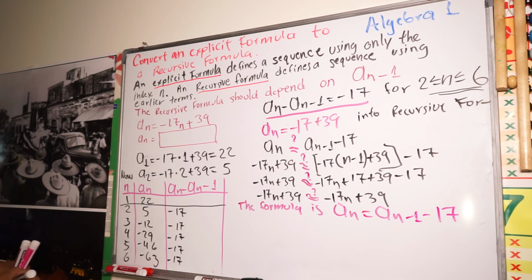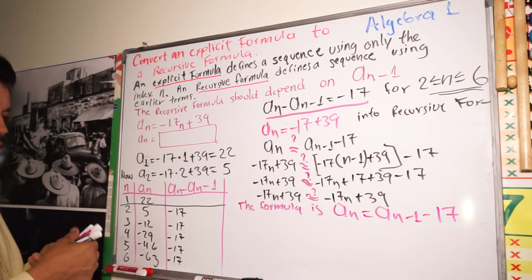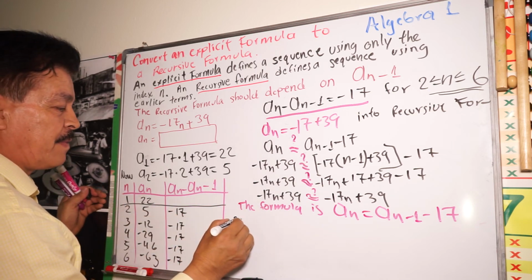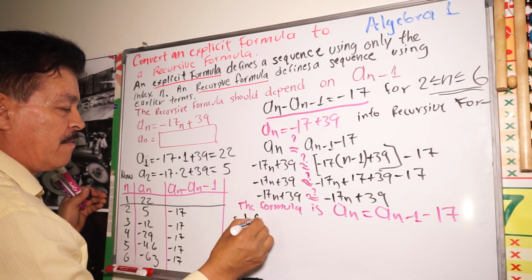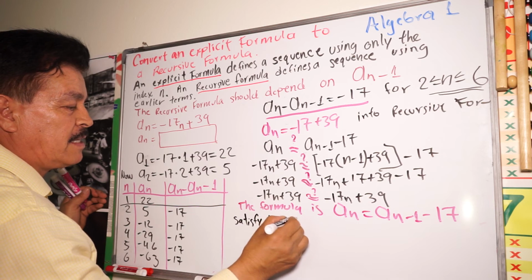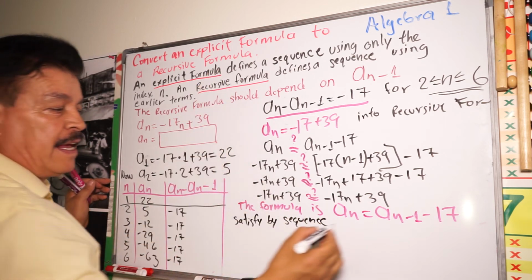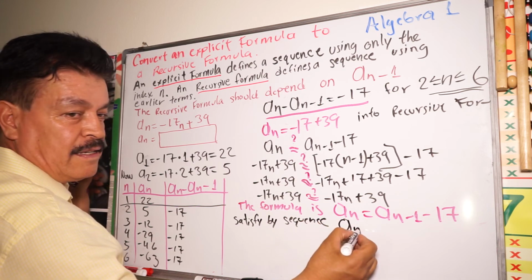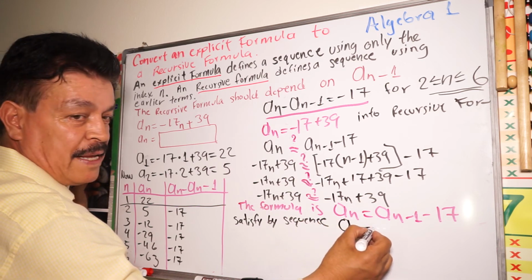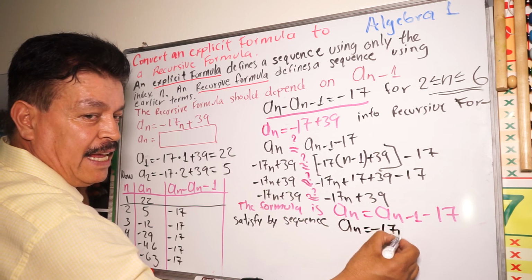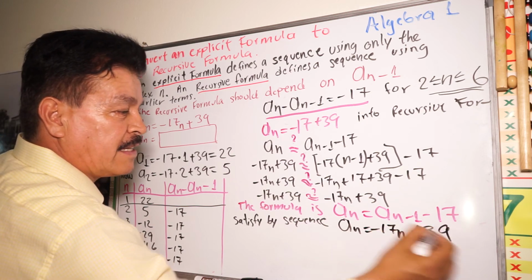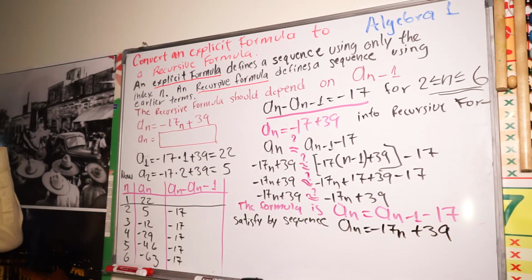So it is satisfied by the sequence, we are talking about the sequence, right here, a_n equals negative 17n plus 39, right?